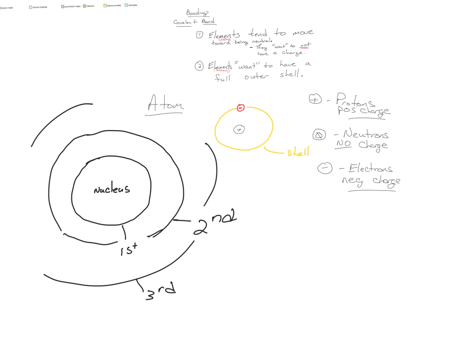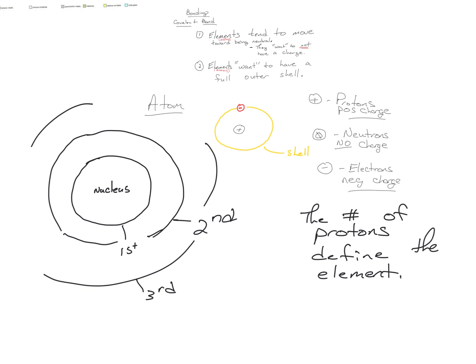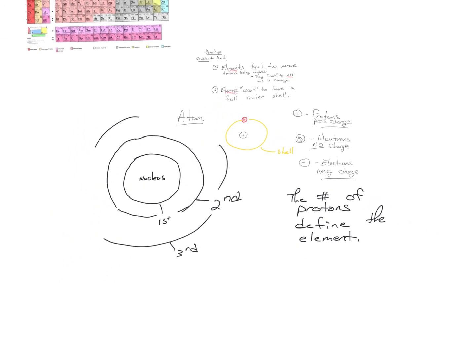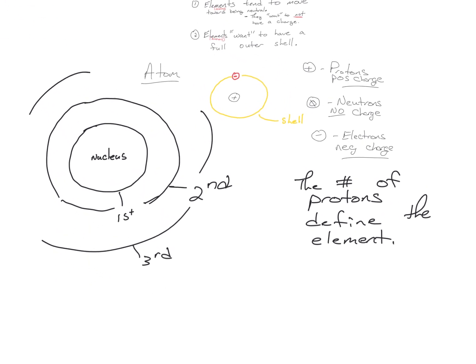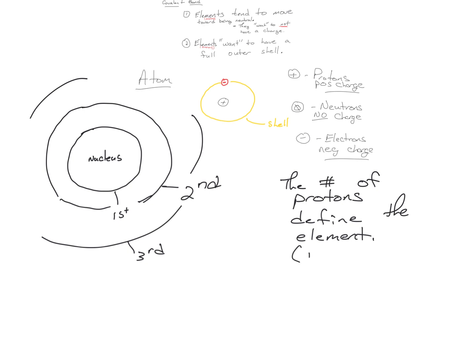The number of protons define the element. So if you have one proton, by the way, we call that the atomic number.